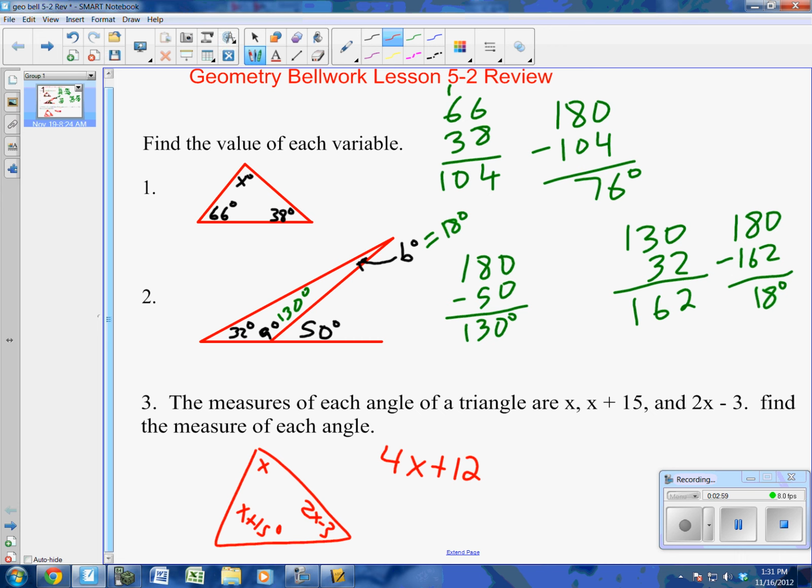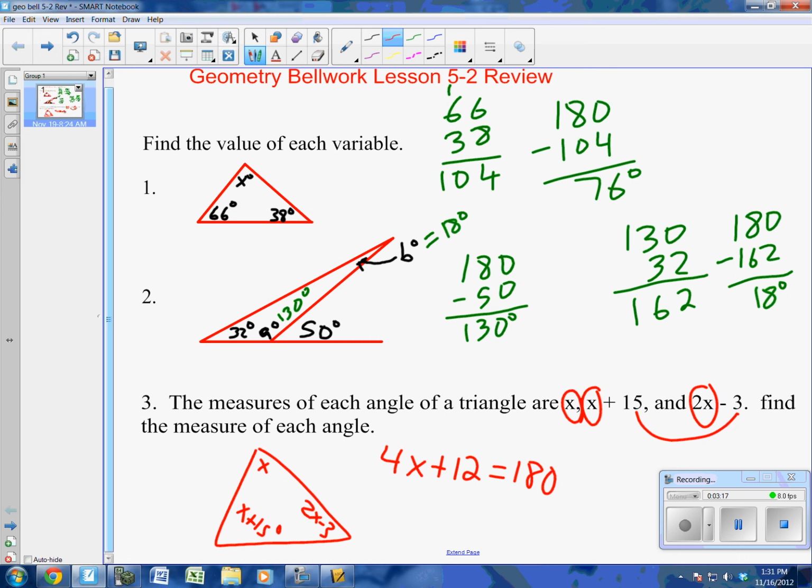And how did you get 4x plus 12? Okay, so x plus x plus 2x made us 4x, right, you guys? And 15 minus 3 made 12.